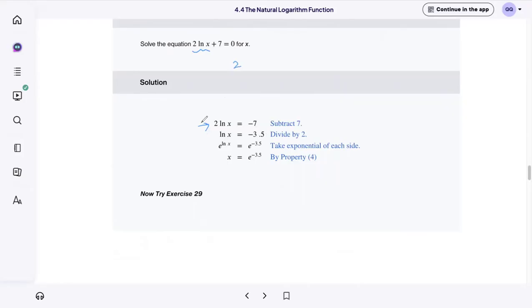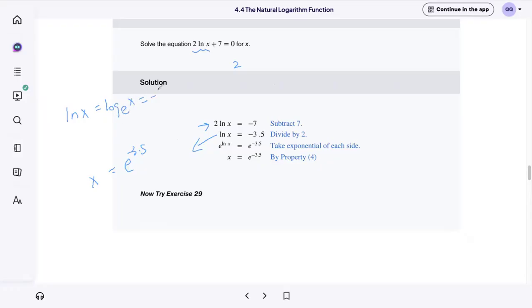Then we could do this: instead of raising both sides by e, I can rewrite this as e raised to negative 3.5 equals x, right? Remember, ln x equals log base e of x.